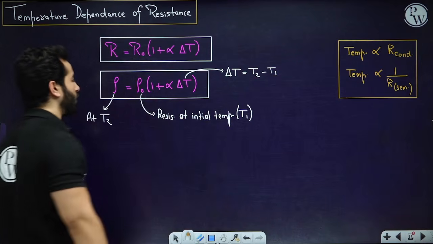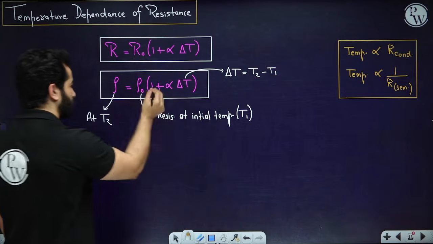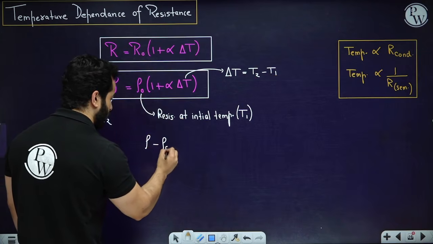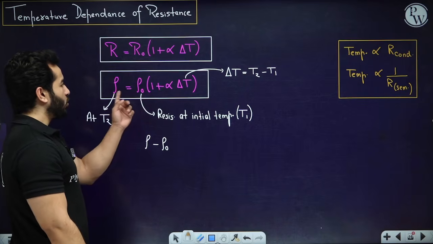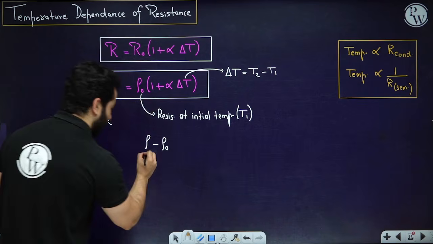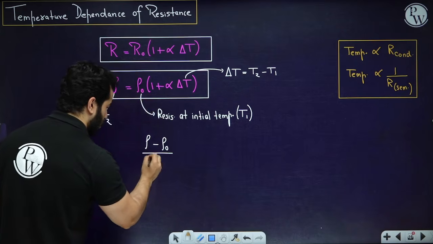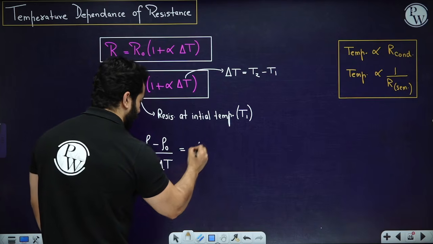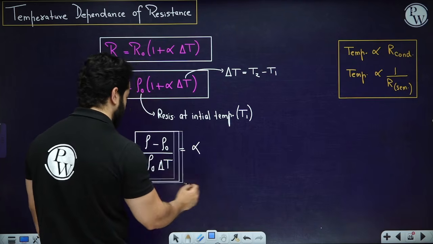And what's going to be the unit of alpha? If you closely see, I can rewrite this as alpha equals (rho minus rho naught) divided by (rho naught times delta T). Is that clear? So this is the formula for alpha.